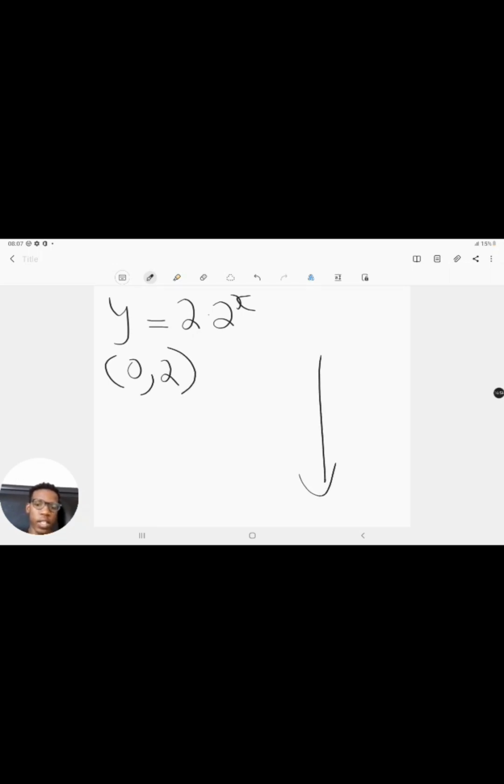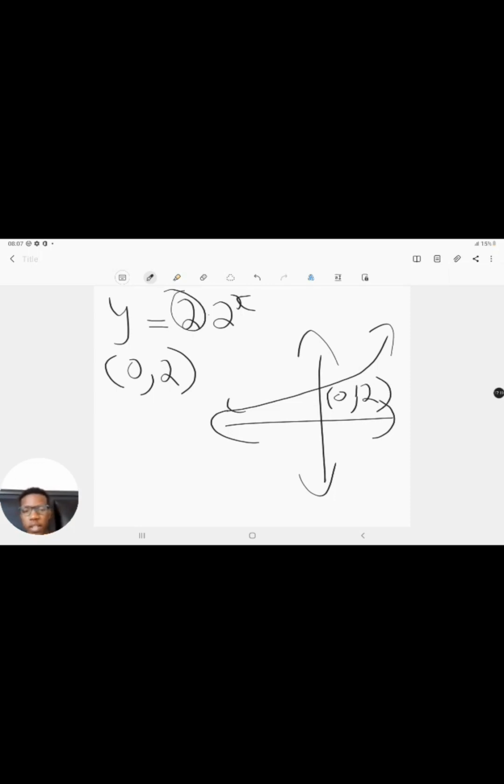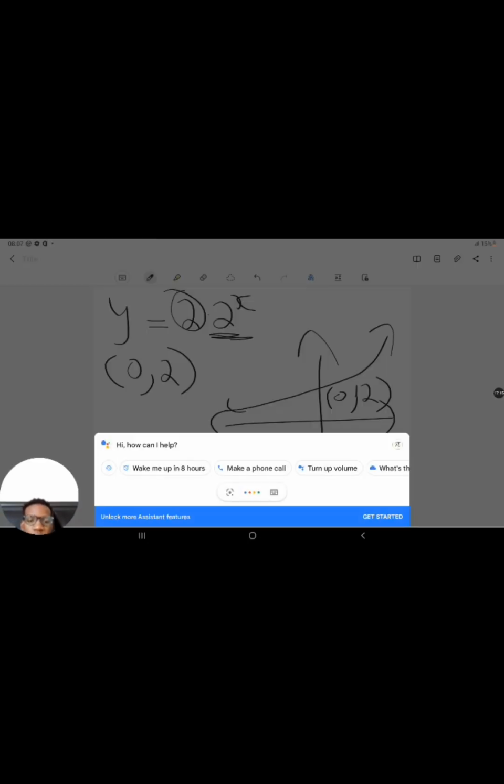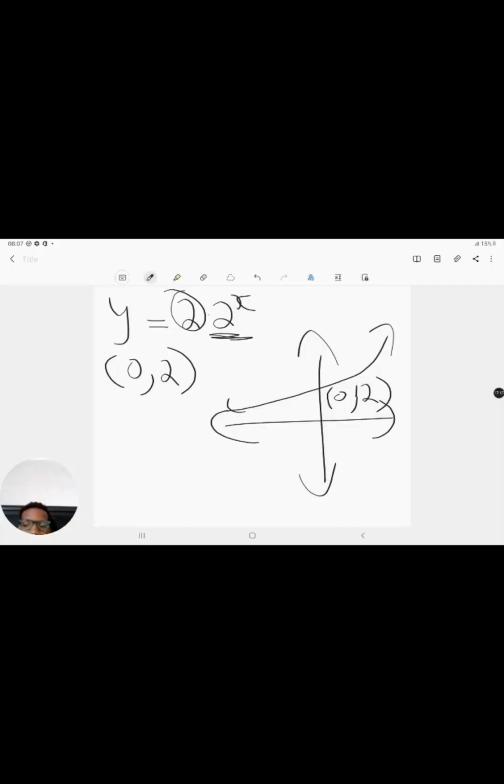If I were to quickly sketch that, this would look like that, where the y-intercept would be 0 and 2, because 2 is the number behind the original form.